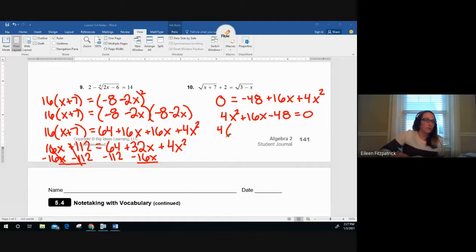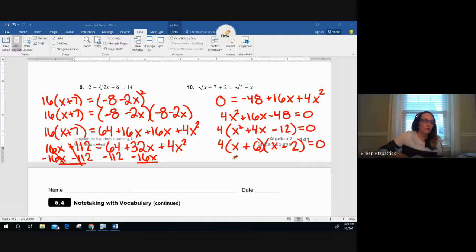The GCF is a 4, so I have x squared plus 4x, and then minus 4 goes into that 12 times. All right, so then from there, I'm looking for two numbers that multiply to negative 12 and add to a positive 4. So I'm going to have a 6 and a 2, it looks like. Positive 6, and negative 2.